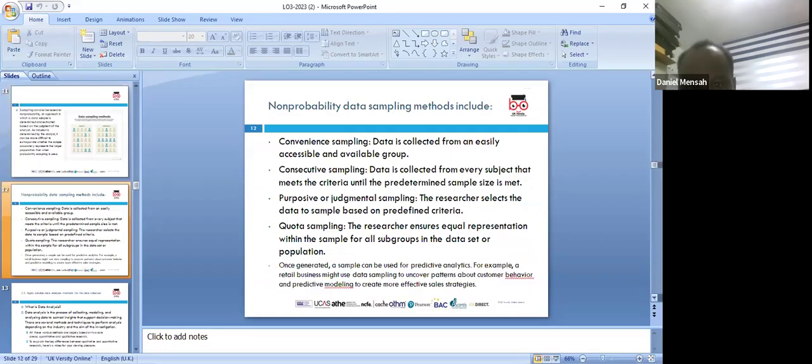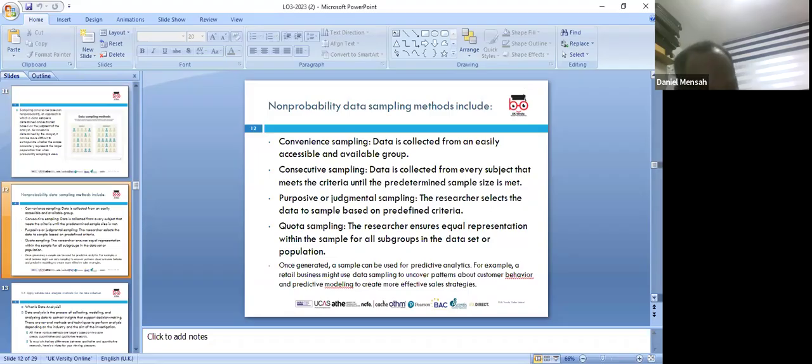All right. Then convenience sampling, when data is collected from an easily accessible and available group. You can look at a certain group and collect your data based on that group. Or consecutive sampling, where data is collected from subjects that meet the criteria until the predetermined sample is met.